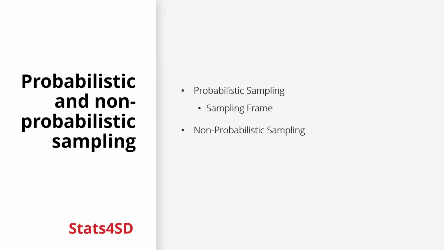In probabilistic sampling, because every element has a known chance of being selected, we can obtain unbiased estimates of the population characteristics, and we can also work out the precision of the estimate. To do that, we need what is called the sampling frame, which is the list of all the units in the population, and to know also the probability attached to each one of these elements. Having this sampling frame is something that is not always possible.